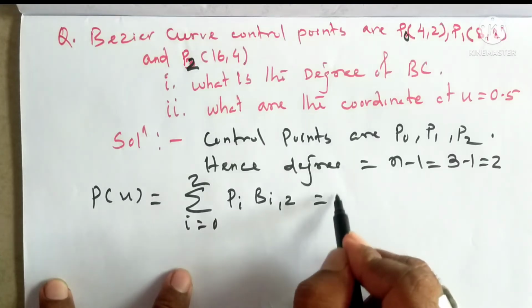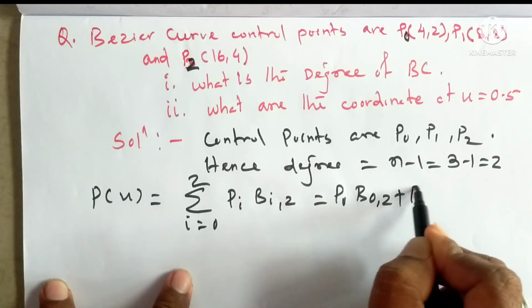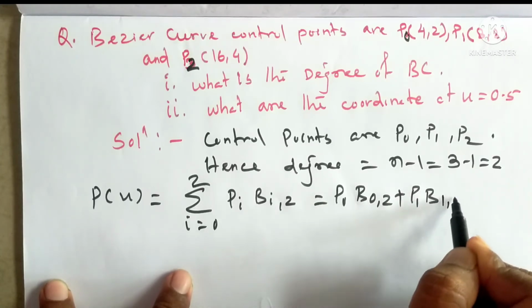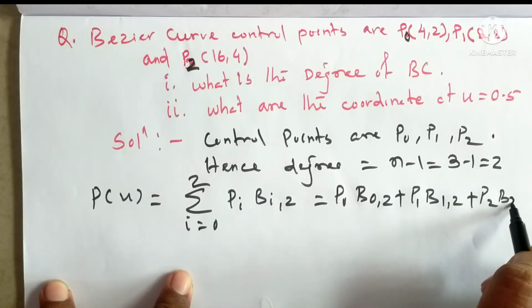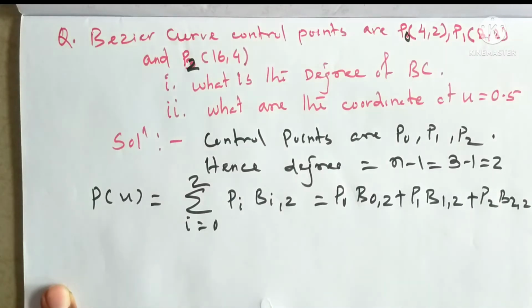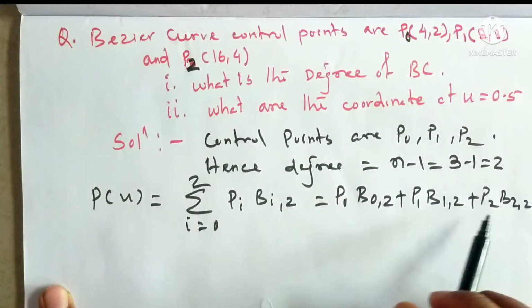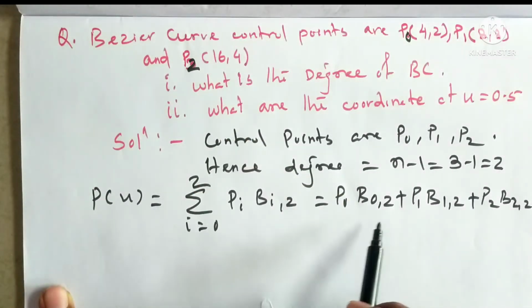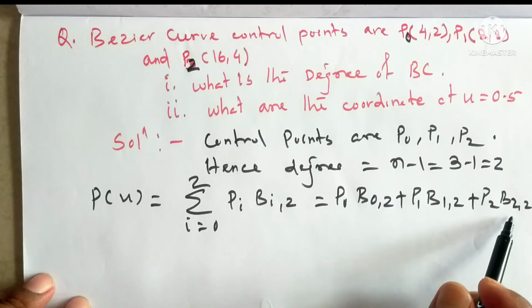Let's expand it: P0 B0,2 plus P1 B1,2 plus P2 B2,2. P0 is given as (4, 2), P1 is (8, 8), P2 is (16, 4). So I need to find B0,2, B1,2, B2,2.